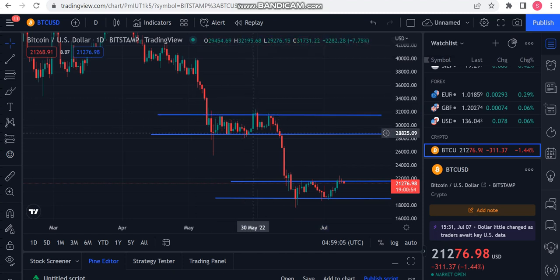So this is the resistance area, because you can see that it goes to this line, comes right back down, and it has done that at least 4 times. 1 right here, 2, 3, and 4 right here. So this could serve as a resistance line for this particular region.